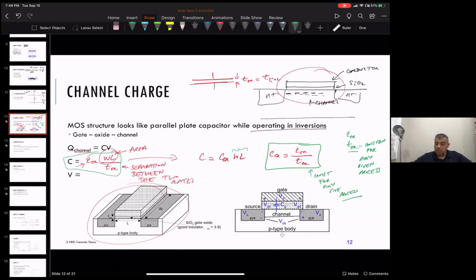That's why you create this thing called C ox, which is just the dielectric constant of silicon dioxide over the thickness of the oxide for the particular process you're in. And from then on, you just multiply it by the width times length of the transistor you're considering.